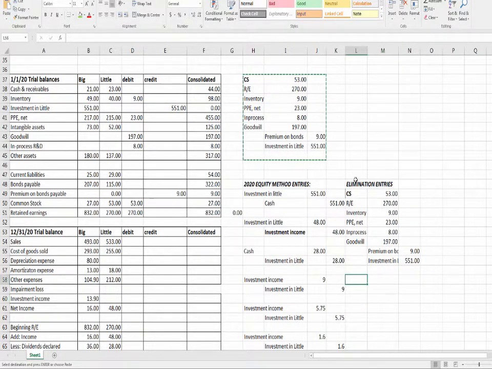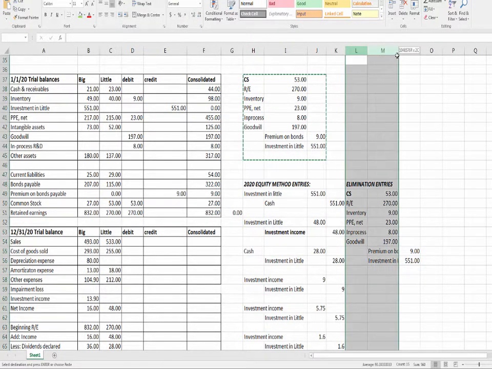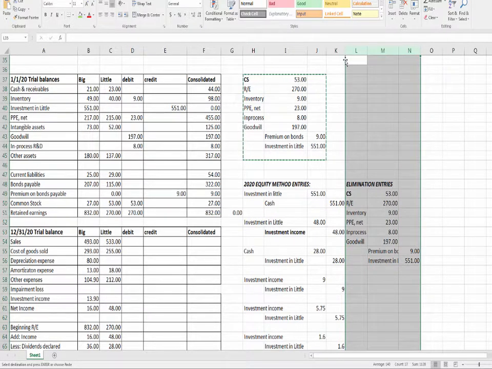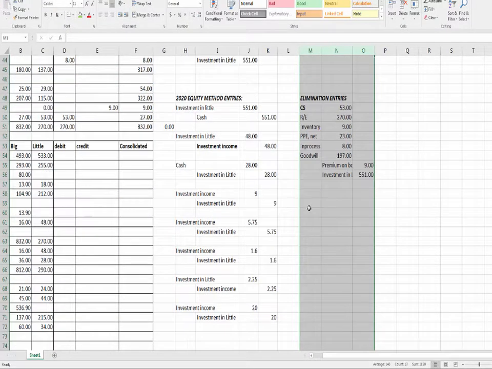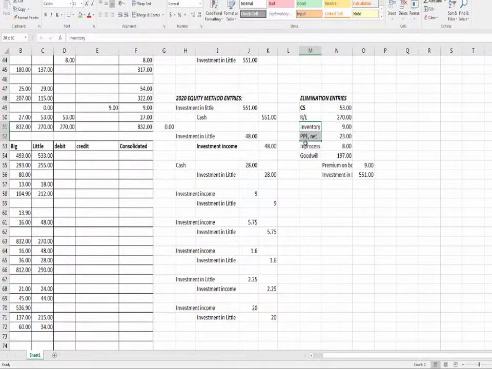Now we're going to record our various amortization entries. A for amortization. Again, we've got three finite-lived differential assets that need to be amortized. We've got some goodwill that needs to be impaired, and we've got a bond premium that needs to be amortized. So one by one.